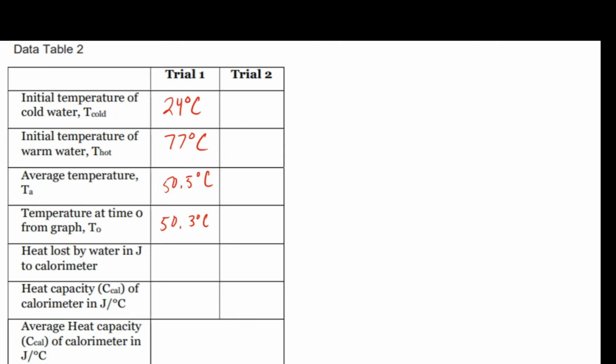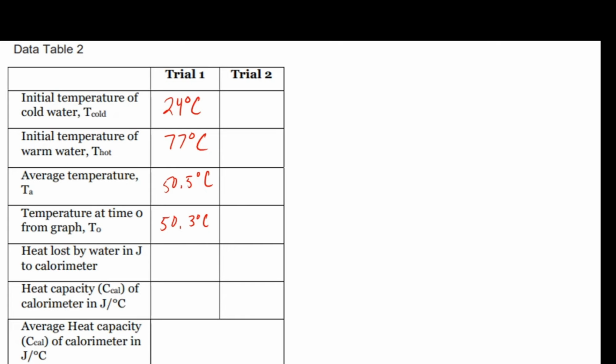So I have the data that I have determined for the heat capacity by dumping some hot water into some cold water and measuring the temperature change over a matter of about 10 minutes.